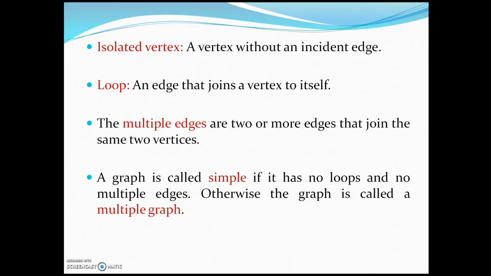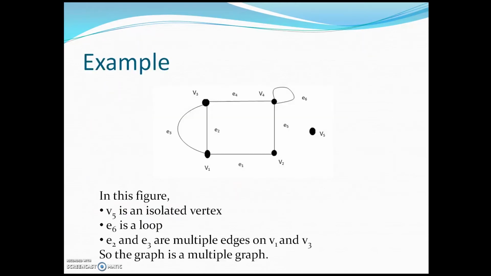An isolated vertex is a vertex without an incident edge. A loop is an edge that joins a vertex to itself. And multiple edges are 2 or more edges that join the same 2 vertices. A graph is called simple if it has no loops and no multiple edges. Otherwise, the graph is called a multigraph. For example, in this figure, V5 is an isolated vertex, as there is no edge incident on this vertex.